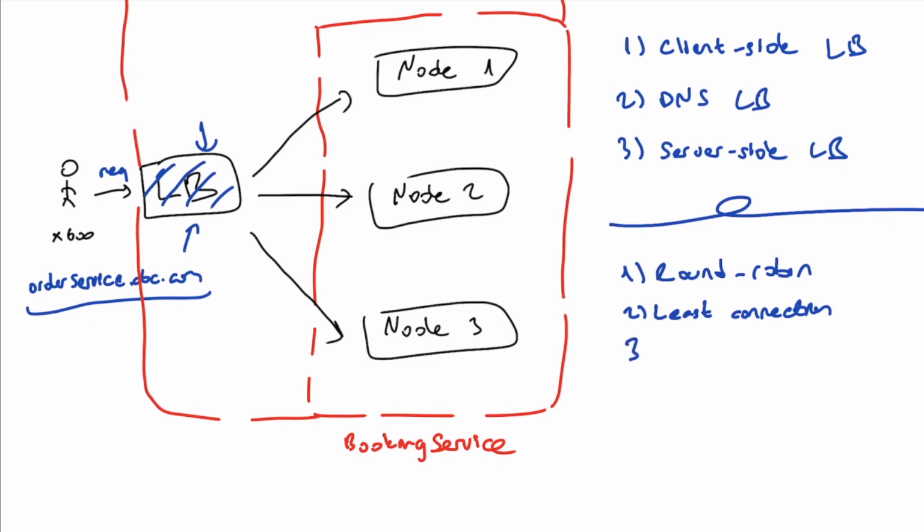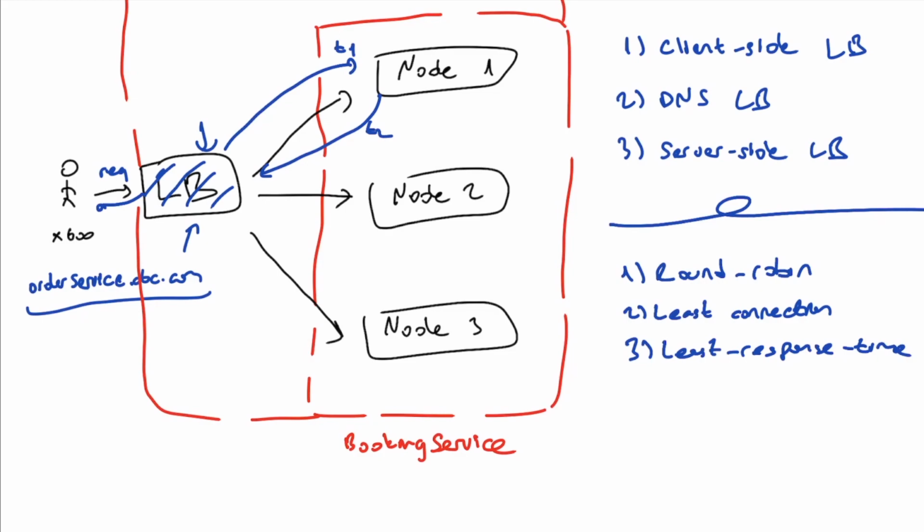The third one is least response time. Again, the load balancer knows how long it takes for a single node to respond to a request. Let's say you get a request from the user and send it to node 1 at time t1, and then at some point node 1 replies to the load balancer, and the load balancer returns this response to the user at time t2.